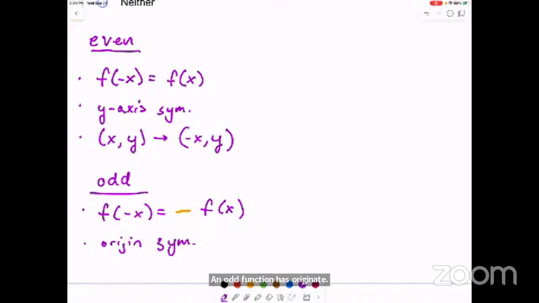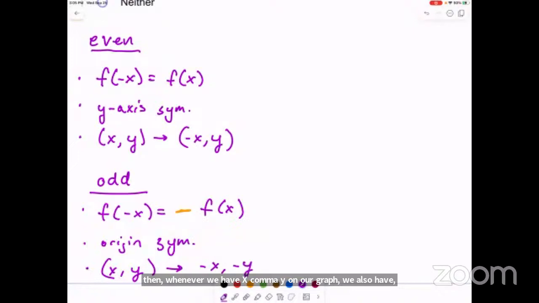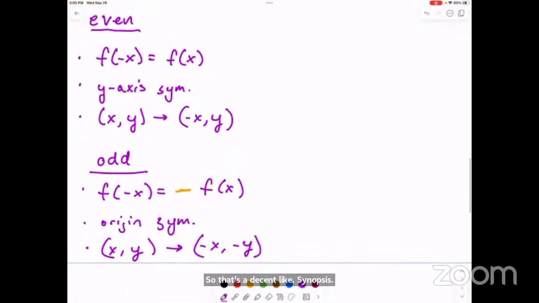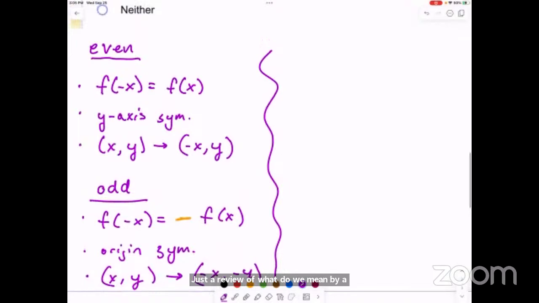Whenever we have x comma y on our graph, we also have negative x comma negative y on the graph. So that's a decent synopsis or review of what we mean by a function being even versus odd.